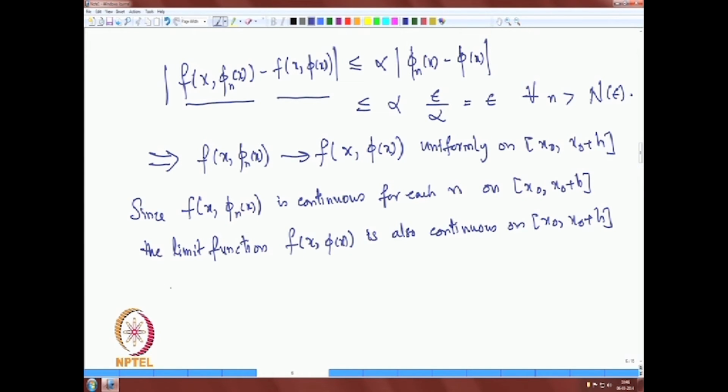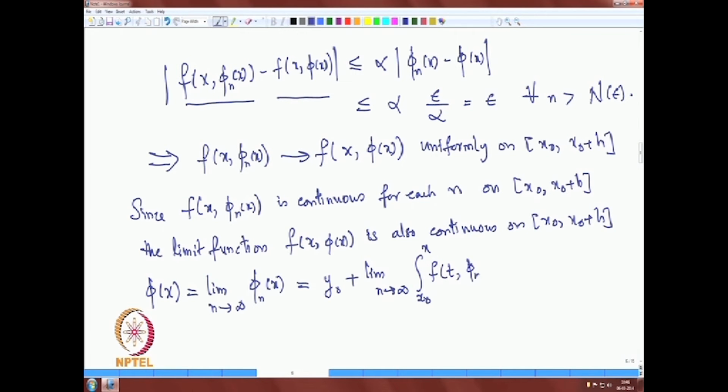So, phi of x is equal to the limit as n goes to infinity of phi n x, which, by definition of phi n, is y0 plus the limit as n goes to infinity of the integral from x0 to x of f of t phi n t dt.